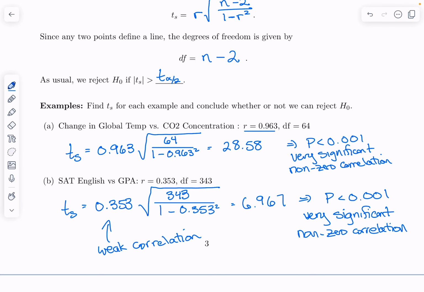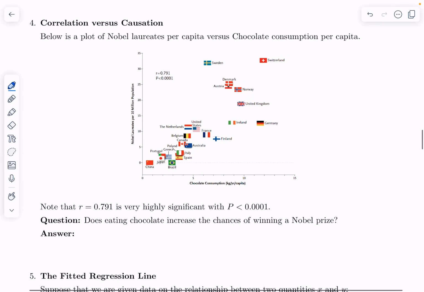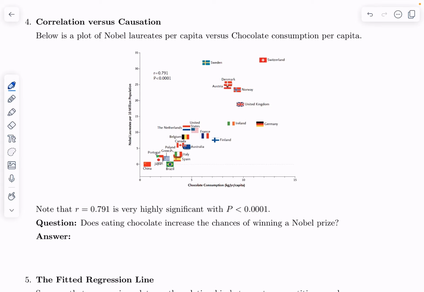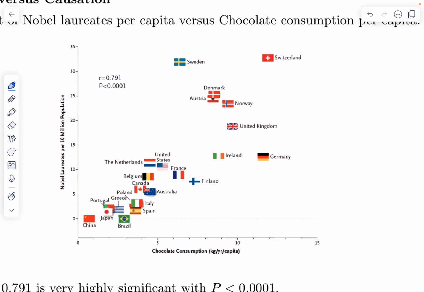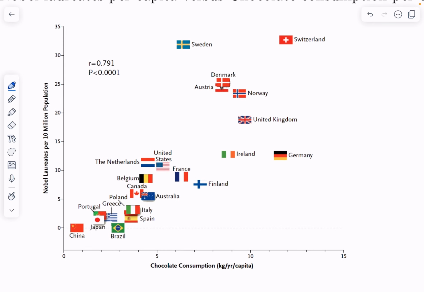Now I'd like to point out another thing about correlation, and that is the relationship with correlation and causation. So I'd like to show you a plot. Okay, so this is a plot of Nobel laureates per capita versus chocolate consumption per capita in various countries. And what you can see is that there is a strong correlation of 0.791, and it's very highly significant.